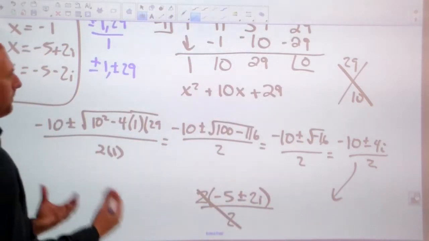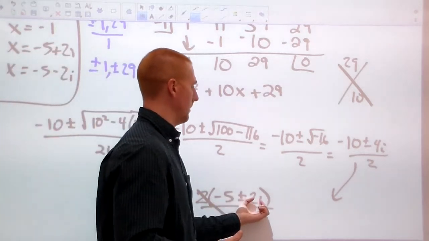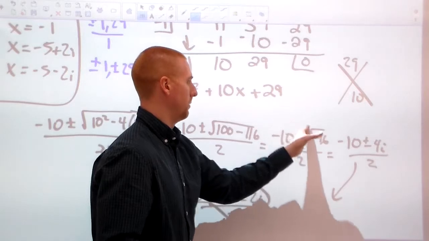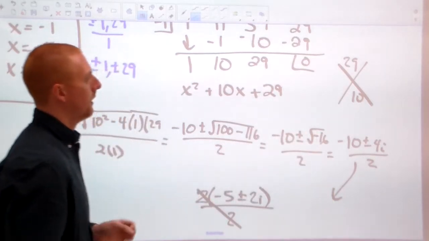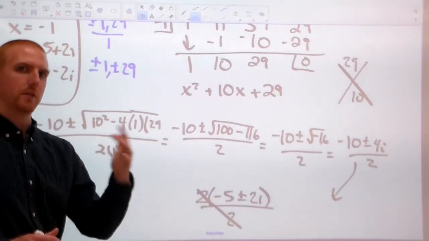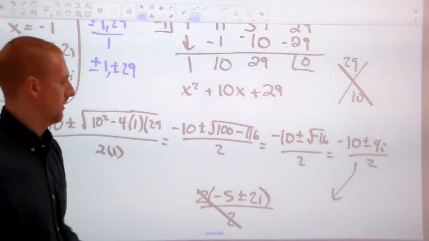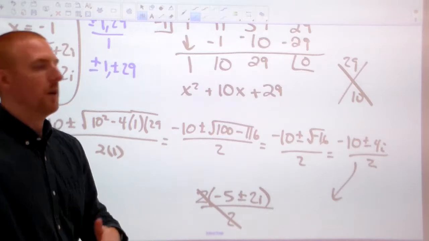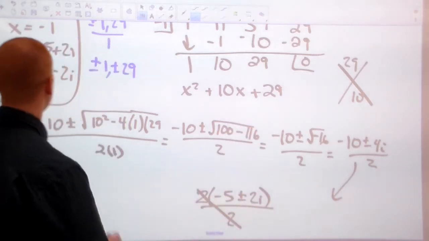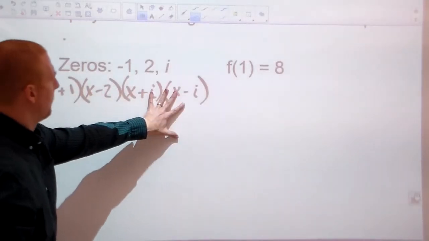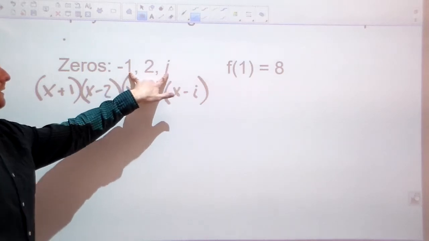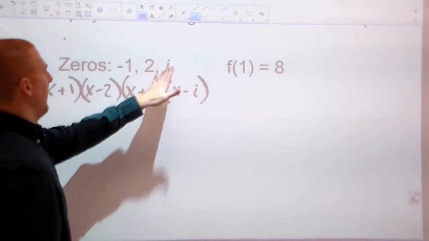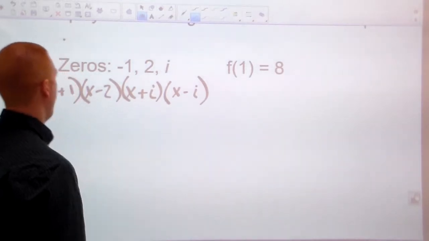So if you end up getting i in your answer, that had to come from the quadratic formula, which has plus or minus in front of the radical, you're guaranteed to have a positive and a negative version of that complex number. That's always going to happen. It's called the complex conjugates theorem, but that's why it's happening. So I'm guaranteed these are actually my 4 solutions, even though there were only 3 listed. Conjugates always come in pairs. So i and negative i are both solutions, so those are my factors.